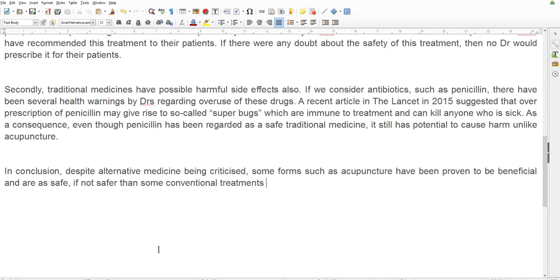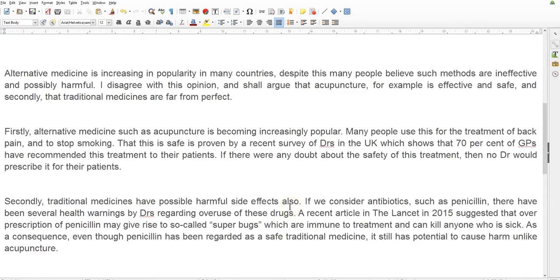Right, that's not bad. Despite alternative medicine being criticised, some forms are beneficial and safe, if not safer than some conventional treatments like penicillin. So that's basically what I say in the introduction. That's good.